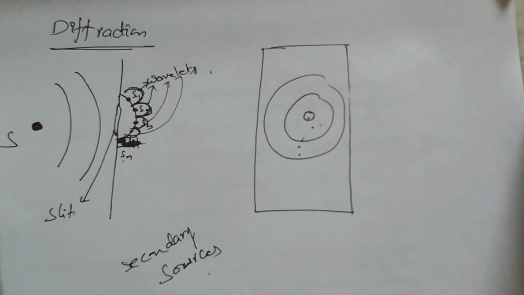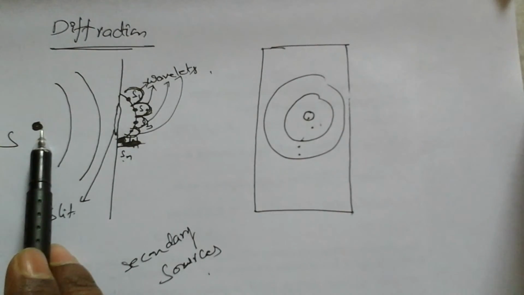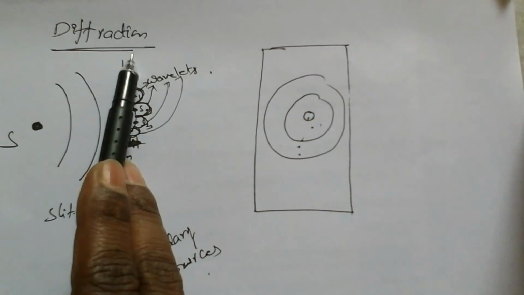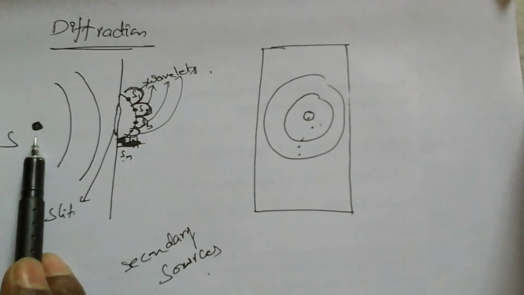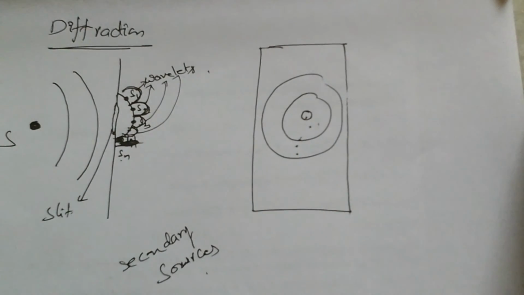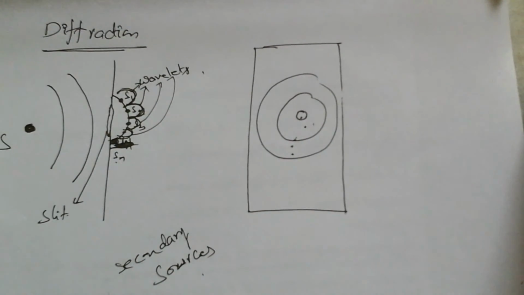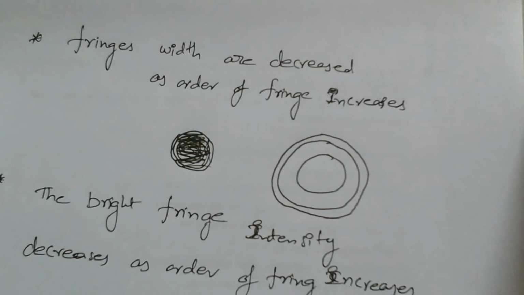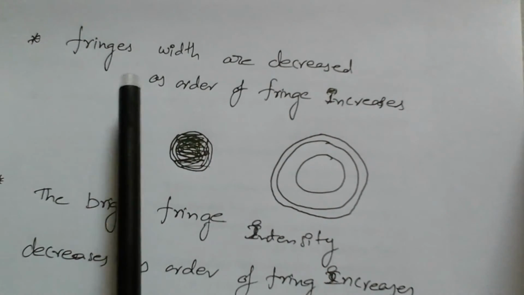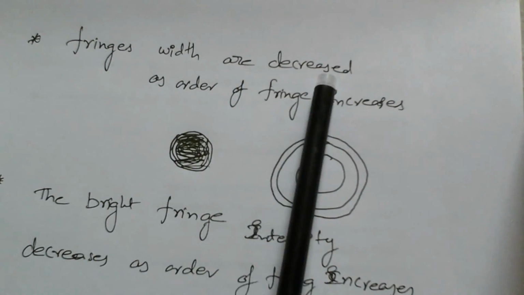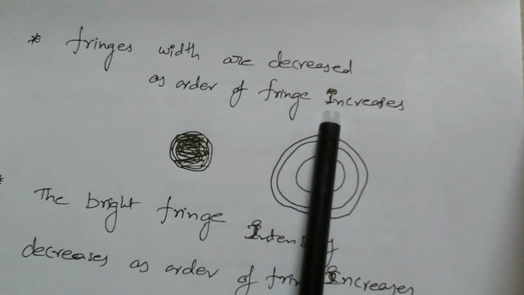Here another most important point is that only one source is used. In diffraction, we use only one source. In diffraction, you can see here that fringe widths decrease as the order of fringes increases.